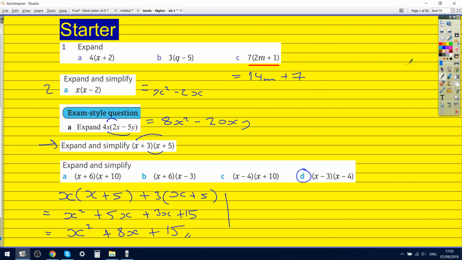So you can see the first term, if I just do this, you have x times x plus 5 and 3 times x plus 5. And they're both times x plus 5 because they're in a bracket. So using that, try to do A on the next one.